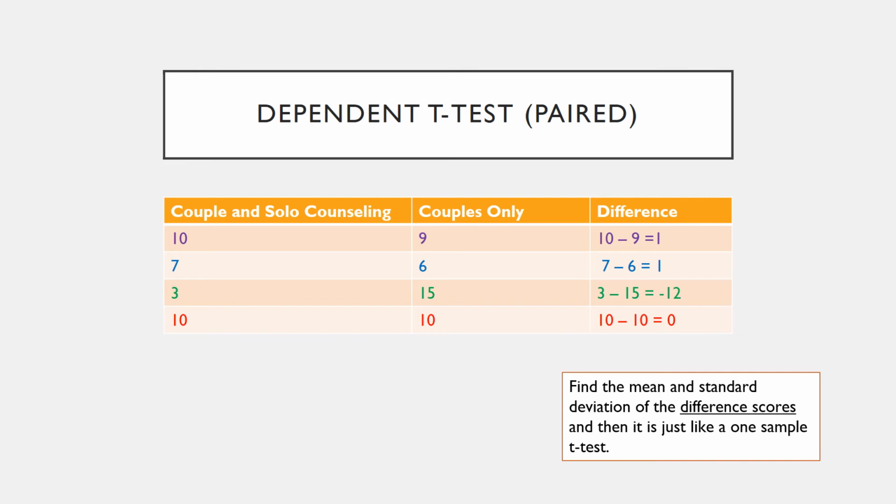So you do the sample mean of difference scores minus your hypothesized mean from the null, which will be 0, and divide that by the standard deviation of just the difference scores divided by the square root of your n. So it's just like a one sample t-test after you get the difference scores.